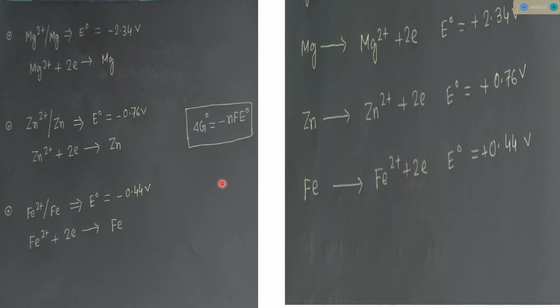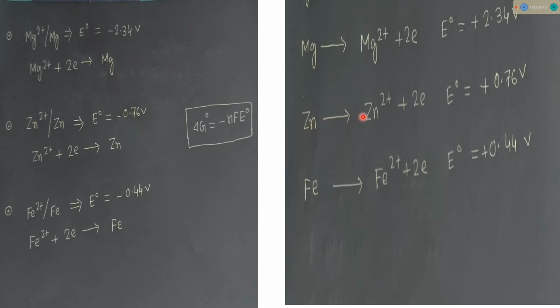So for both cases del G0 is negative, but for zinc it is more negative. That's why if we couple zinc and iron, zinc is oxidized easily; this reaction is more favorable than the other.